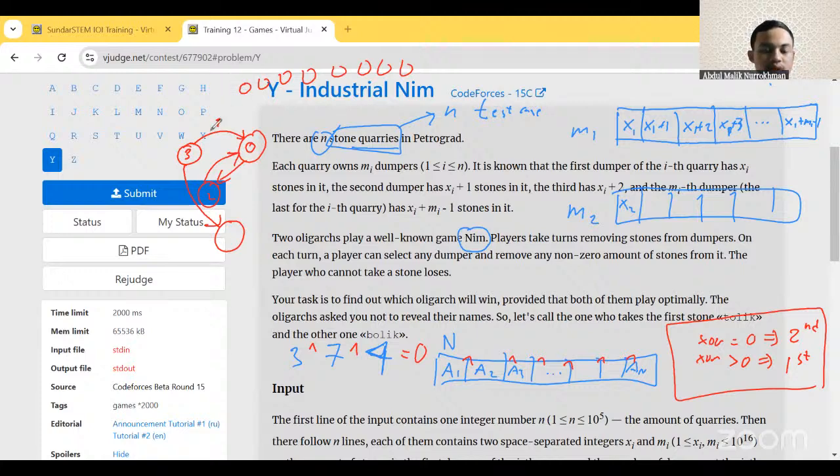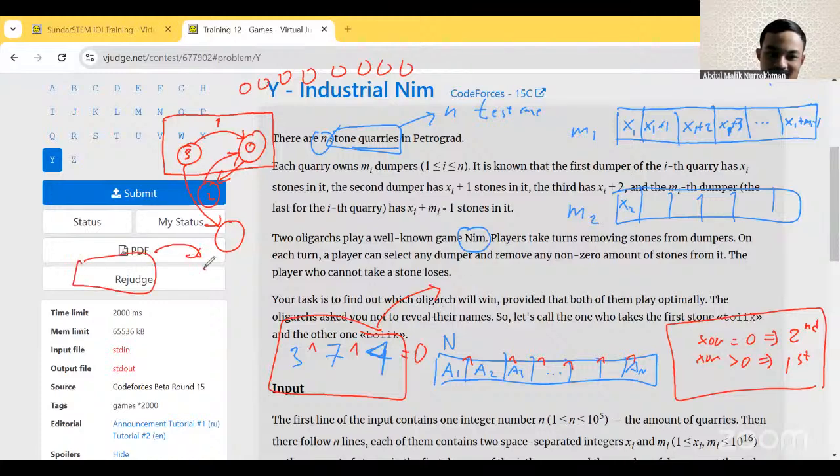Alright. Then how to prove that there is always at least a move that can make the array 0? Just choose the greater value. For example, we know the result of the XOR is 3. Not this array, but just for example, there is an array whose XOR is 3.